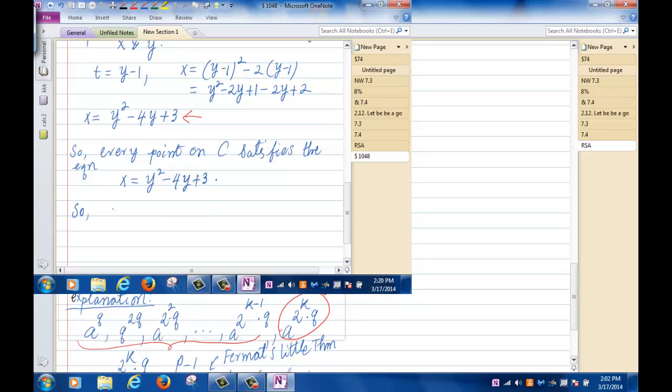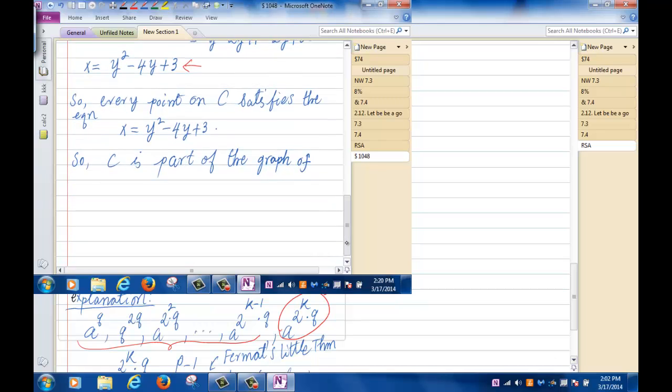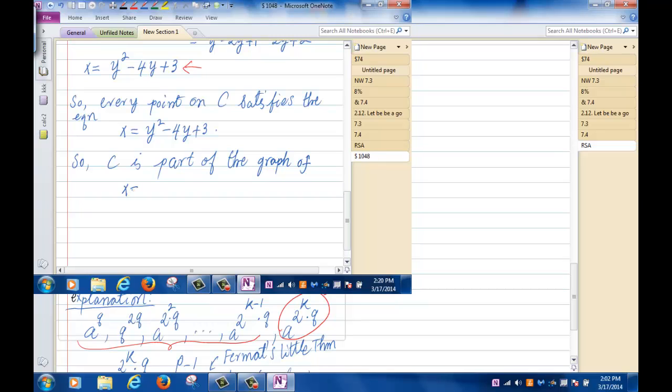So C is part of the graph of this equation. You guys agree with that?